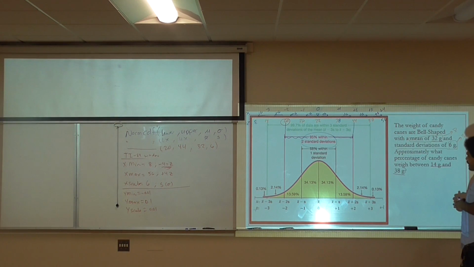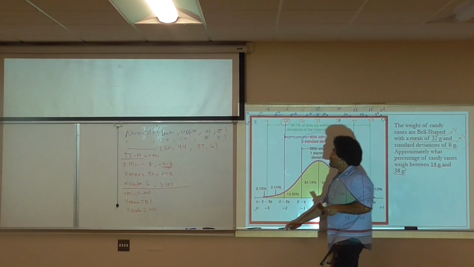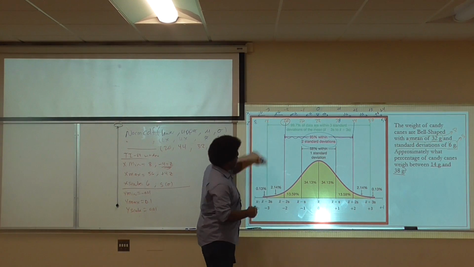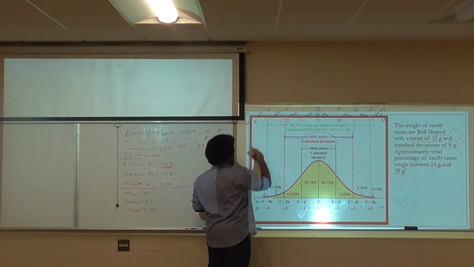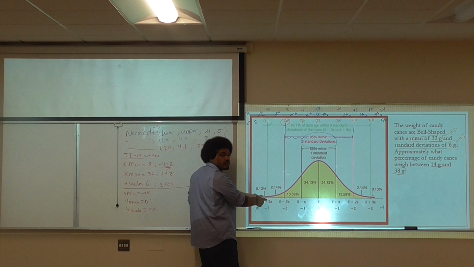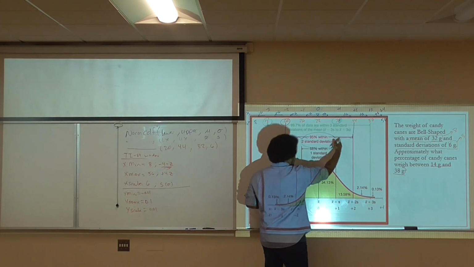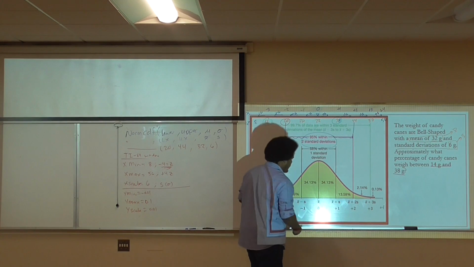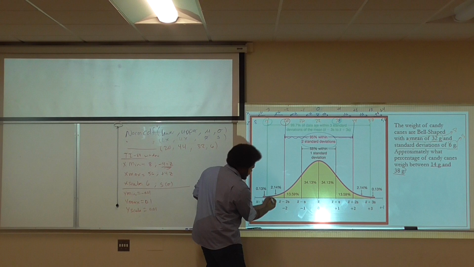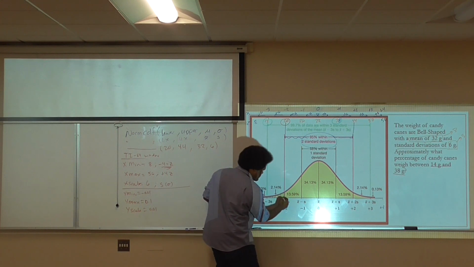So what are we seeing? Well, 14. If we look at the top, there are more arches on top. We're seeing it right here at the third centimeter to the left. And if you look at your 38, it's right here, 1 standard deviation to the right. So what we're actually shading in over here is this region.